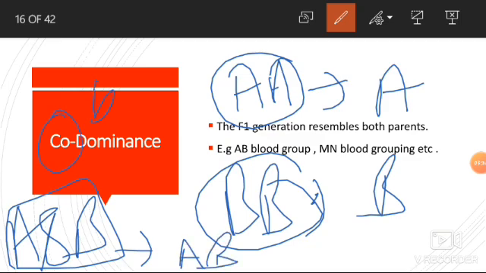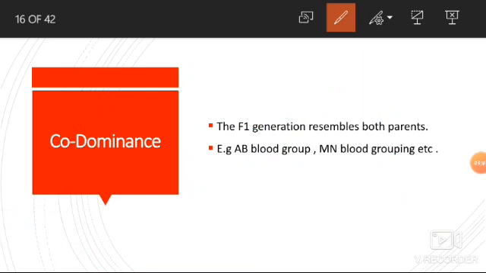Codominance means when both the alleles show their effect in the phenotype, then this is termed as codominance. As we had discussed this line, the heterozygous condition has a phenotype different from either of the homozygous genotypes. This is a homozygous genotype.